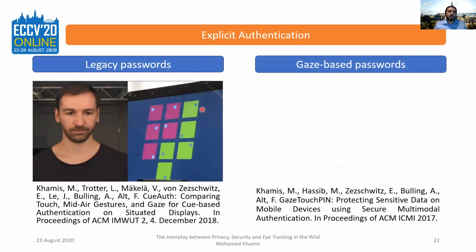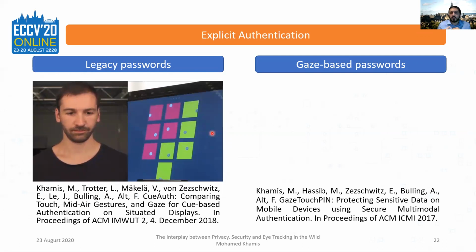On the left here, you see an example of a legacy password. This is a system called QAuth. What happens here is that the user is shown tiles or keys similar to a pin pad, and there is a moving digit in each of those boxes. Each one is moving in a unique way. Depending on how the user's eyes are moving, we correlate their eye movement to the movements of the objects on the screen.